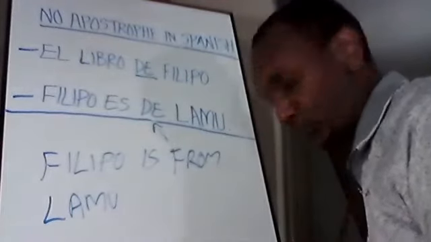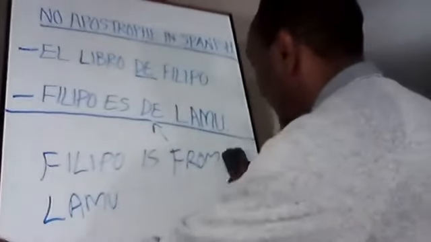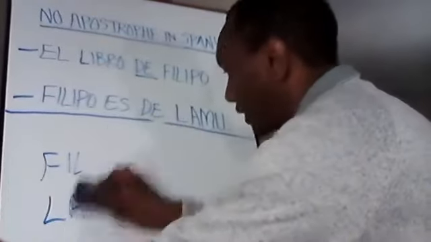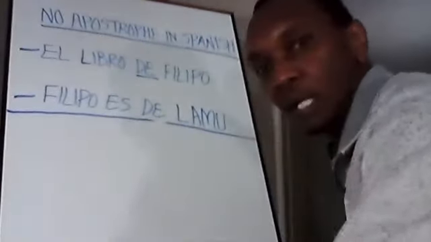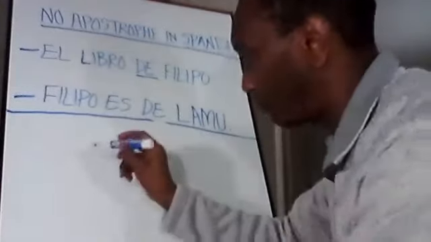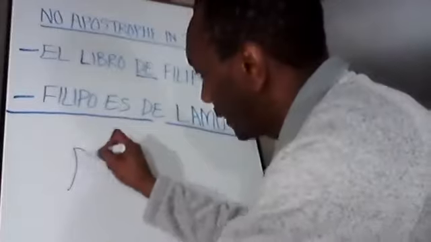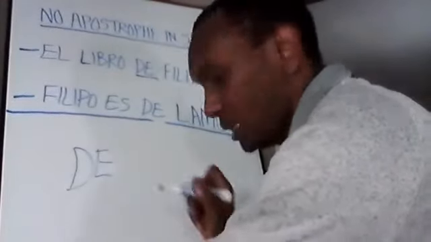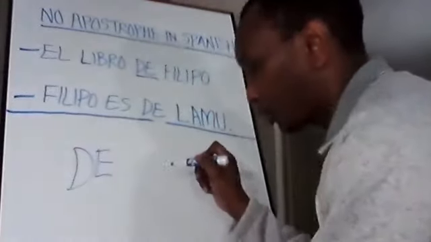So as you can see, as I've just illustrated in these two examples, the reason we don't use the apostrophe in Spanish is because of the preposition de, which has two uses.